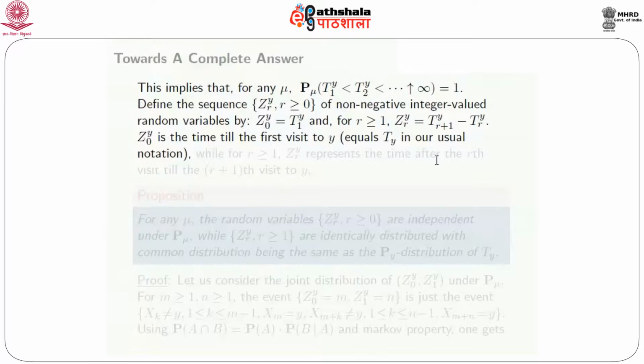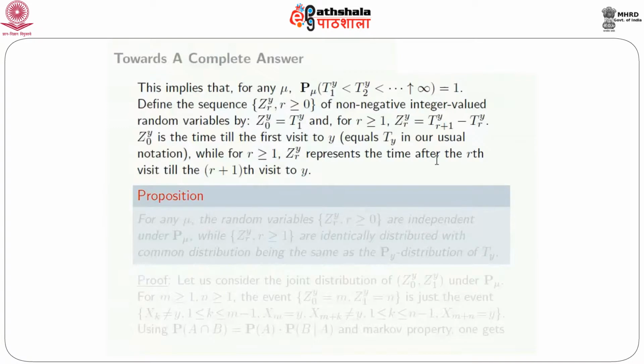Z_0^y, as we just said, is just the time till the first visit to y, which is equal to T^y in our usual notation. What is Z_r^y for r greater than or equal to 1? Well, from the definition you see that Z_r^y represents the time after the rth visit till the (r plus 1)th visit to y. So it is the gap, the time interval between the rth visit and the (r plus 1)th visit.